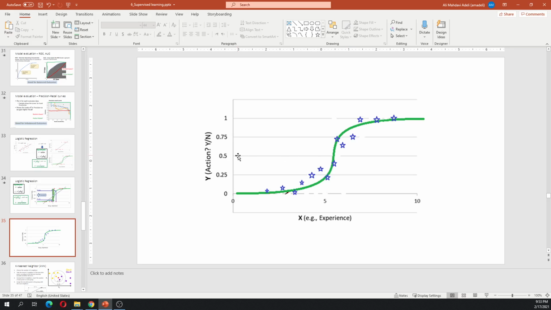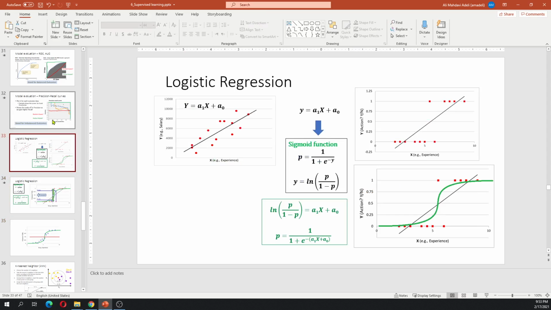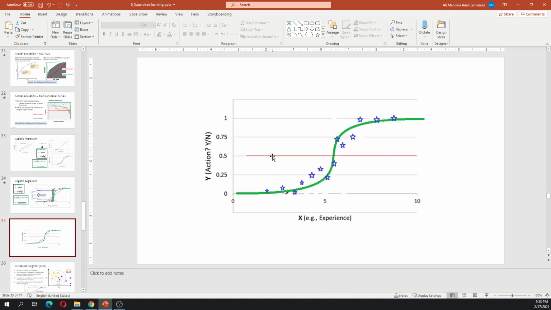Depending on where we set this threshold, think of it as a horizontal line, let me draw a horizontal line in red, the number of predicted true positives as well as false positives would be different. Let's say we put it at 0.5.